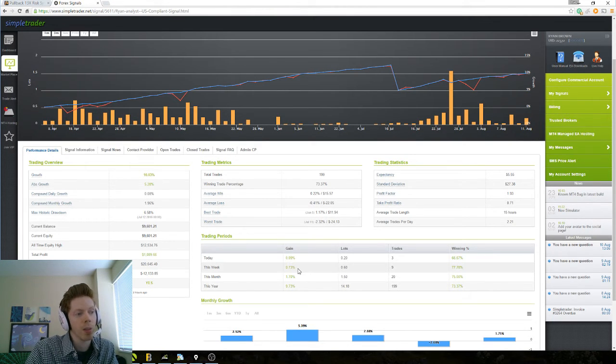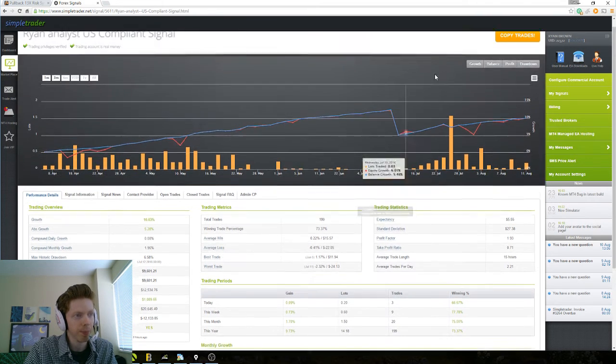And considering how slow this week has been, I'm really happy with the 0.73%. Last week I also had a very good week, even with a little bit more volatility, and I think it was just under 1%. We still have 2 more days left. I'm not seeing a lot of action going on today with trades, so I don't know if I'm going to have any more. But so far this week I'm pretty happy.